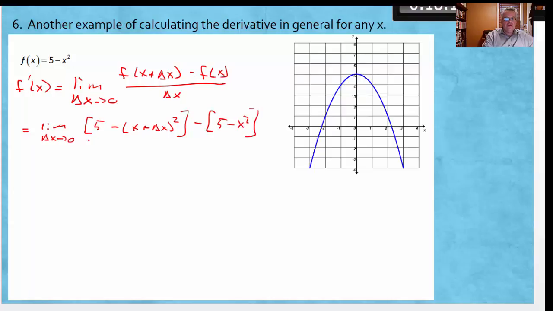squared. So this is where the algebra skills kick in. So here we go. Equals the limit as delta x approaches 0. I'm going to square this first before we do anything.